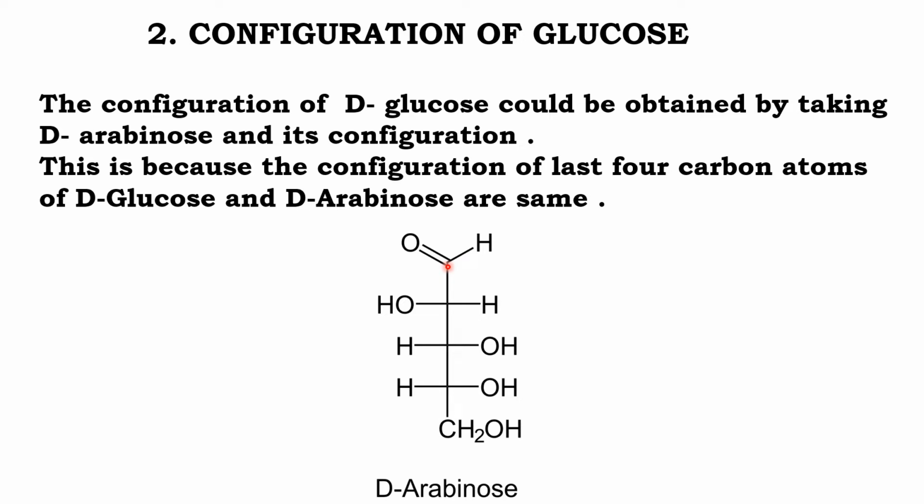That means we have to only find out the configuration of the second carbon atom present in glucose, because glucose is an aldohexose, containing 6 carbon atoms, and the configuration of the last four carbon atoms is the same as that of D-arabinose. Okay, take down.